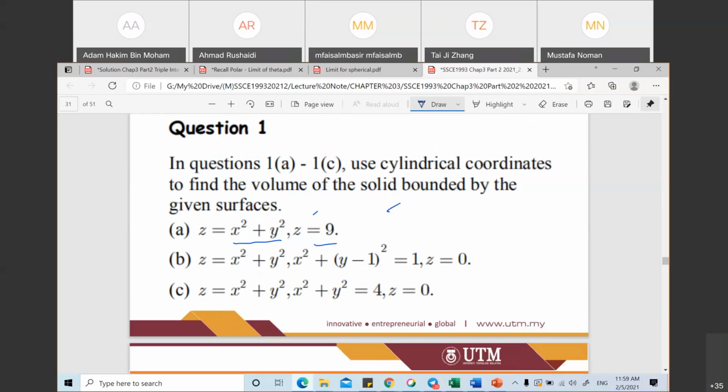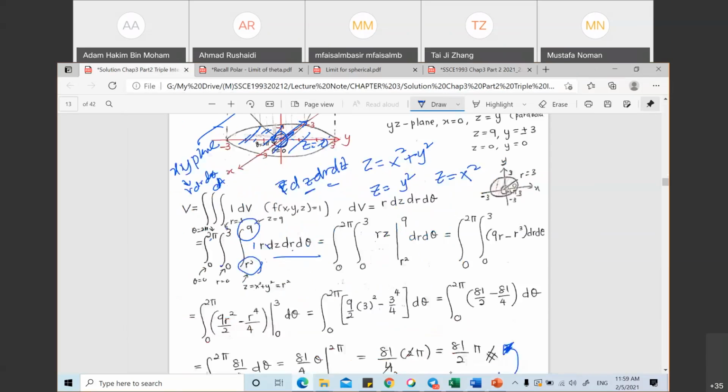The height is x squared plus y squared, and we don't know the radius until z equals 9. At this solution, when you have x squared plus y squared, we don't know the radius.